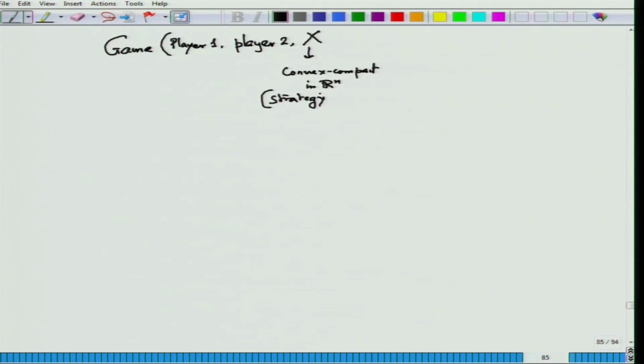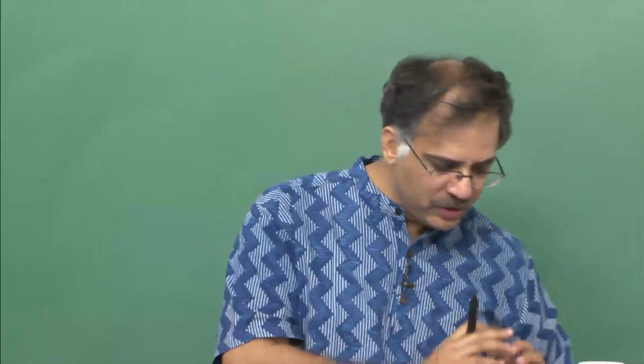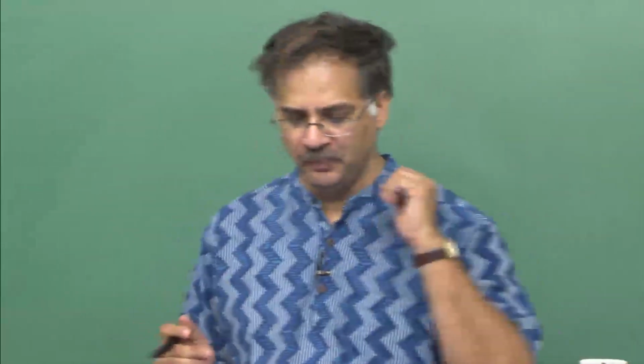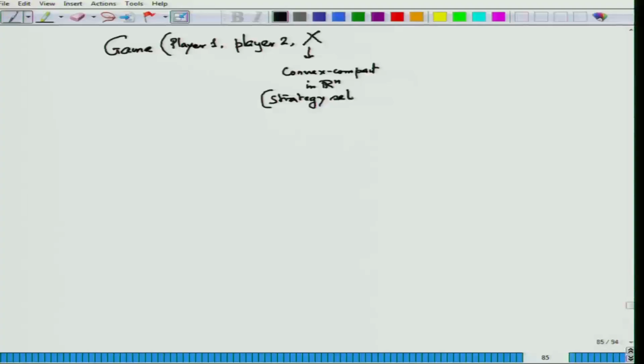So, these are all his moves in the game. What happens in a game is that player 1 makes a move, then player 2 makes another move. All his moves are recorded, stored in this set called X, the strategy set of player 1. Now, let Y be the strategy set of player 2, and let us assume this to be convex compact, in R m.